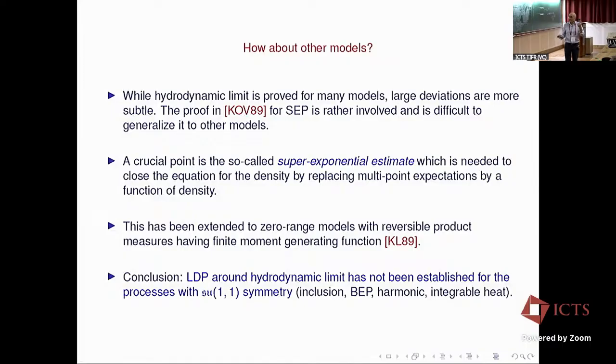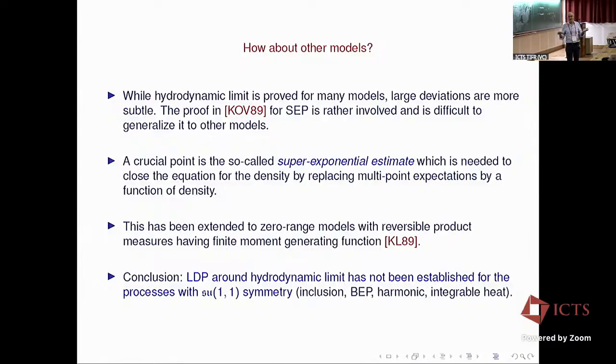For these models, inclusion, Brownian energy process, harmonic, integrable heat conduction, EMP, we don't know how to extend the proof of Kipnis-Olla-Varadhan. So bottom line, we don't have a proof of a large deviation principle for these models.